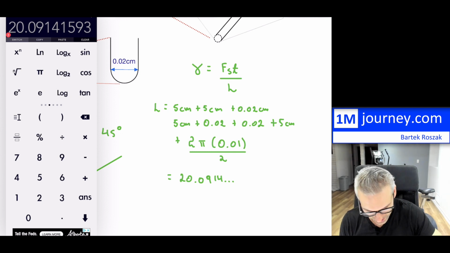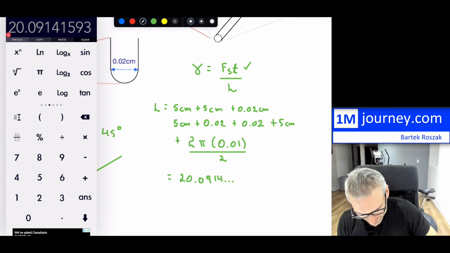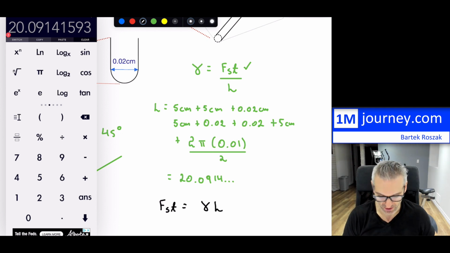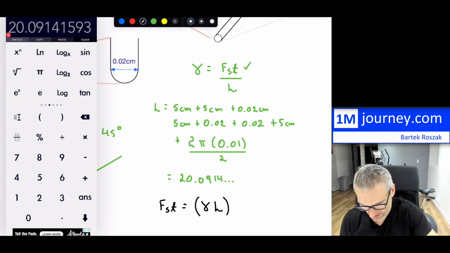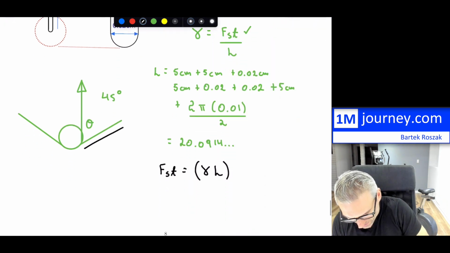So now we're after the surface tension right here, so our formula is going to be the total surface tension is equal to that. So that's the surface tension that we have. Now, if you want the vertical component, because of the way it's drawn out here, your surface tension is in this direction.